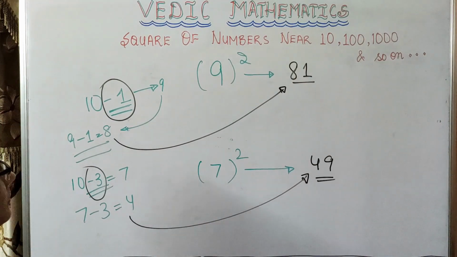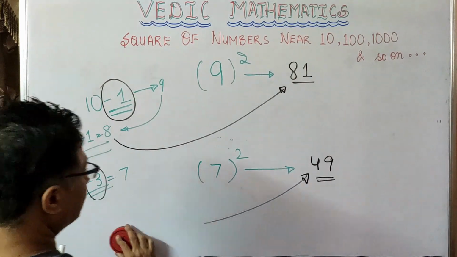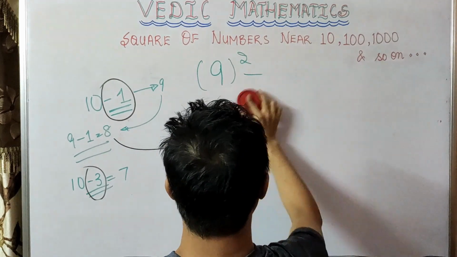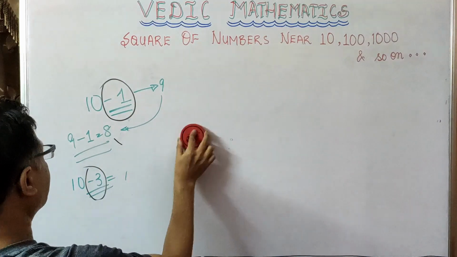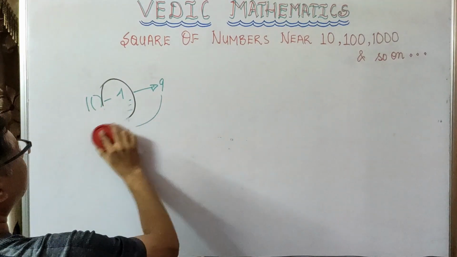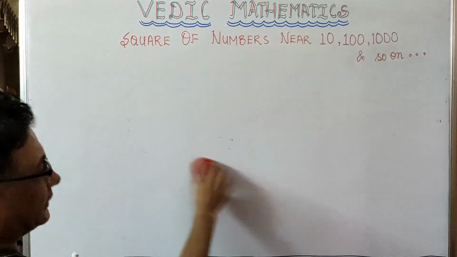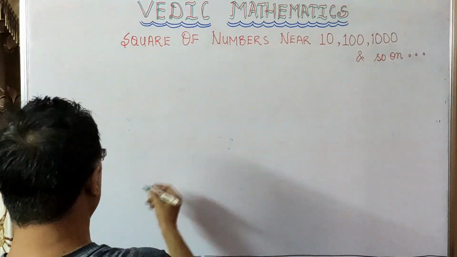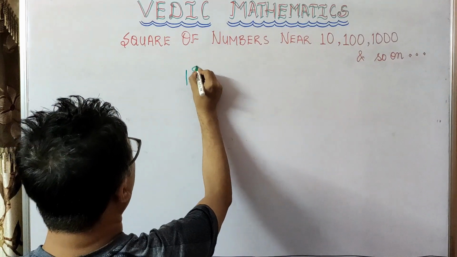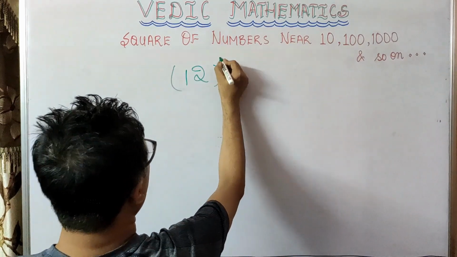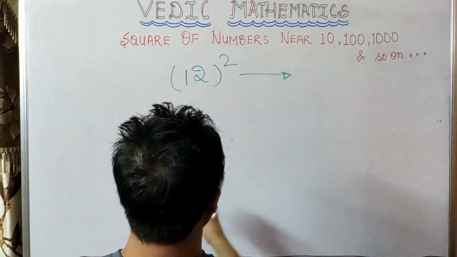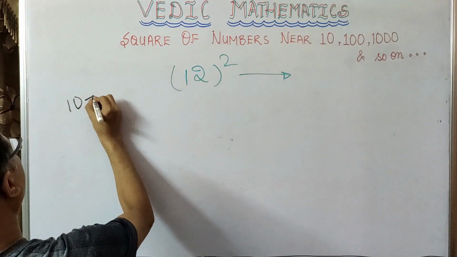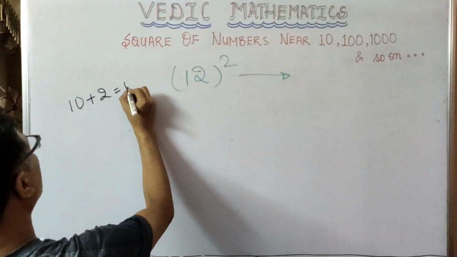Now let's move forward and see some examples which are greater than 10. The base is still the same, 10, because we are taking numbers near to 10 right now. So let's suppose you have to find the square of 12. So how will you do that? Now 12 is what? 10 plus 2 is equal to 12.